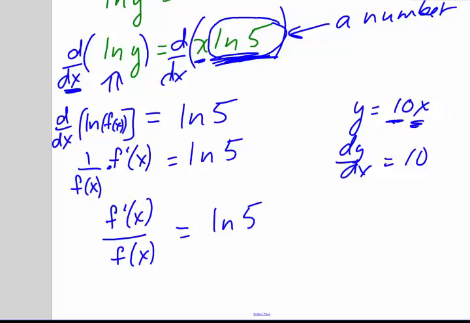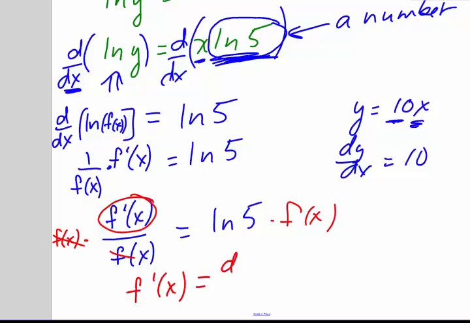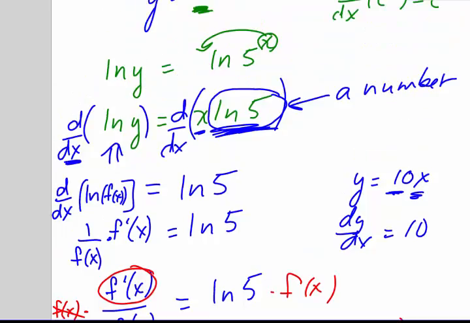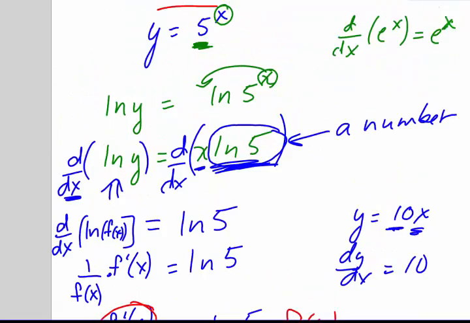Well, my goal is to get what f prime of x is. Remember, that's the same as dy dx. So I'm just going to multiply by f of x on both sides. So now those cancel, and I have f prime of x, also known as dy dx, equals ln 5 times f of x. Well, if we go way back to the top, here is our f of x.